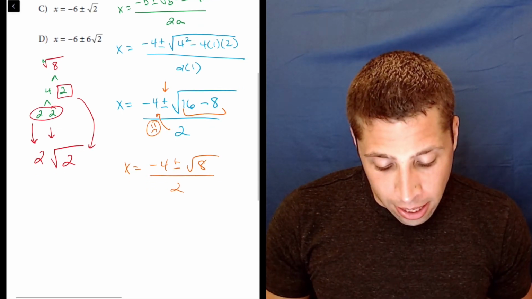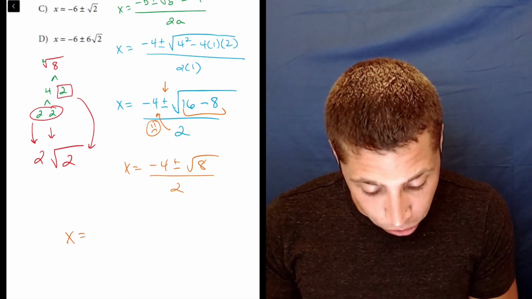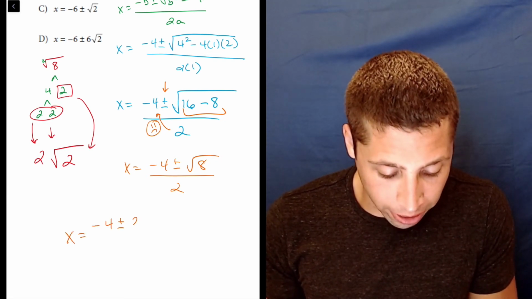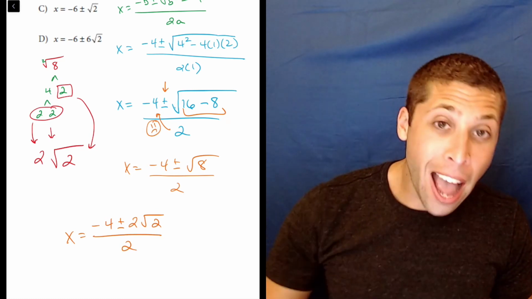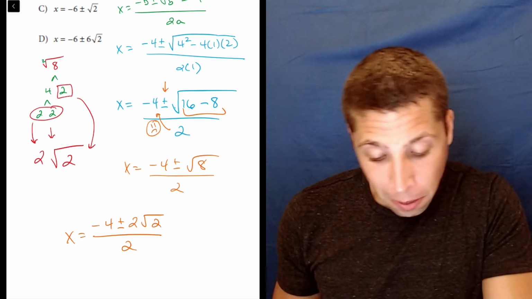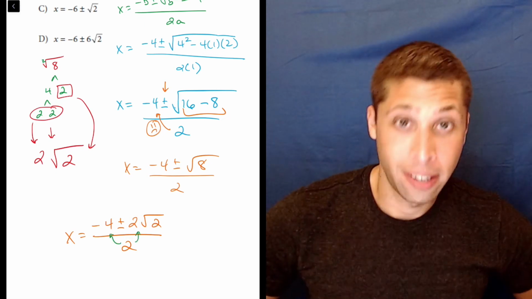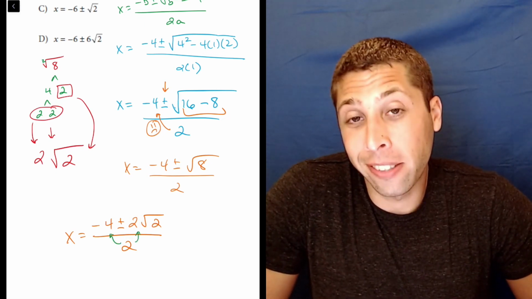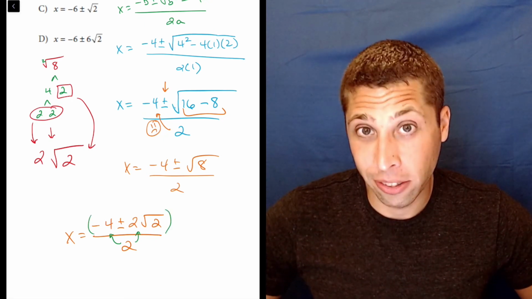So now I have that x is equal to -4 plus or minus 2 root 2 over 2. And now I can deal with the division, because this 2 can be distributed to both of the pieces of the top, right? It's almost like the top piece is in parentheses.